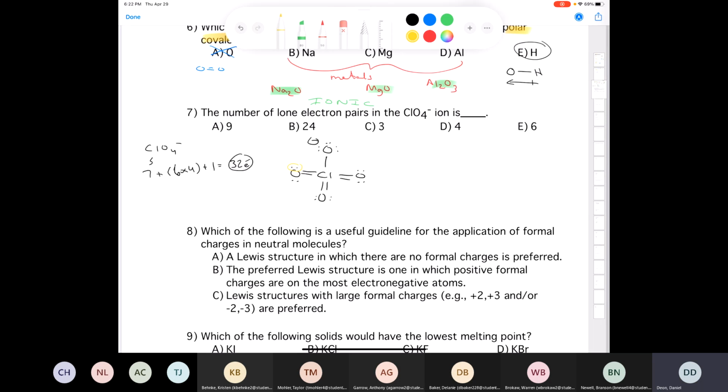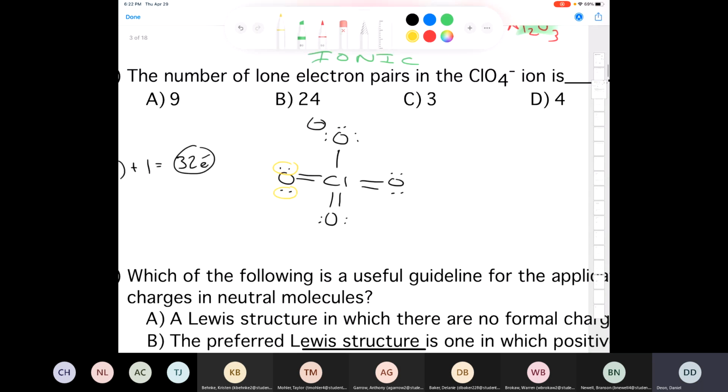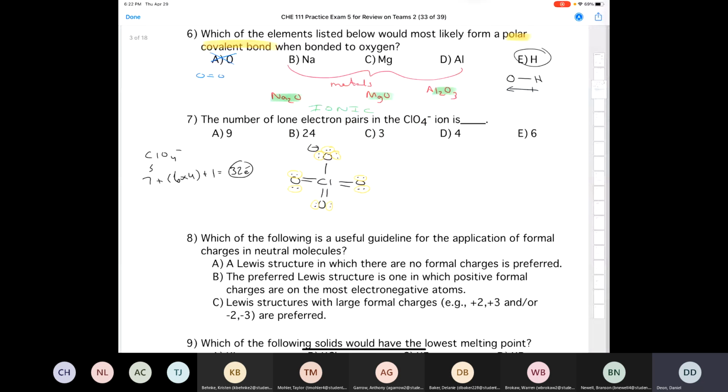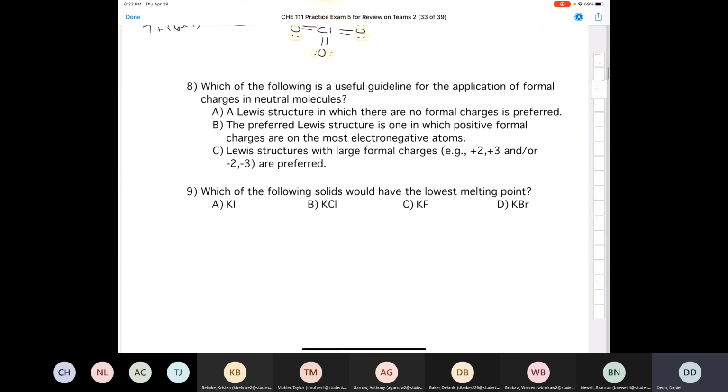Let me zoom in on it here. We have 1, 2, 3, 4, 5, 6, 7, 8, 9 electron pairs. So those are my lone electron pairs. 9. Number 8.